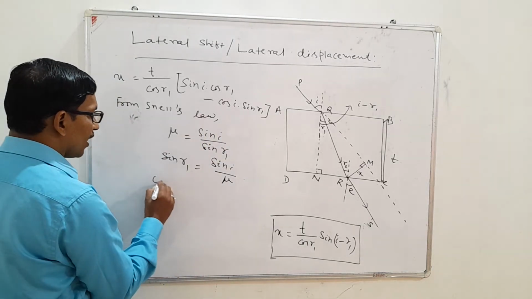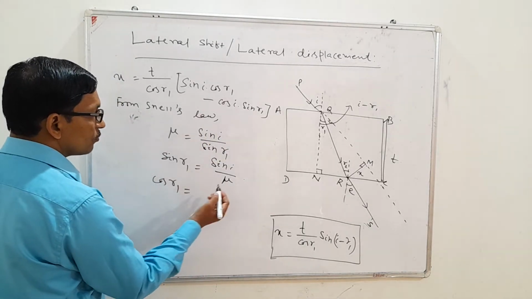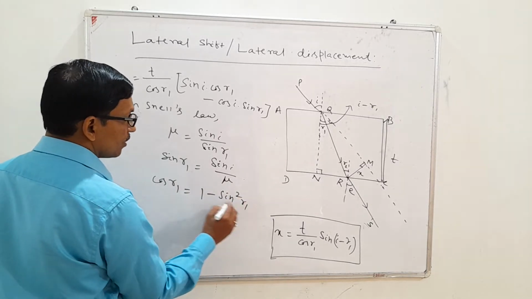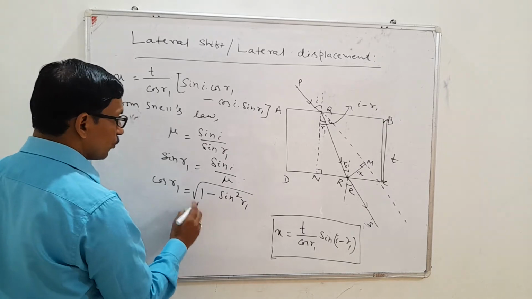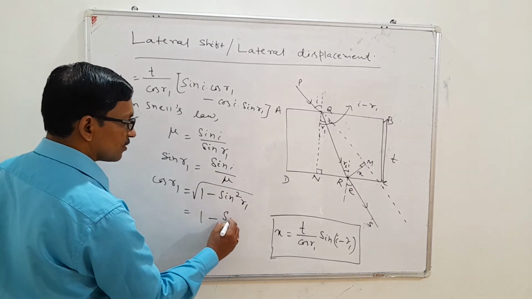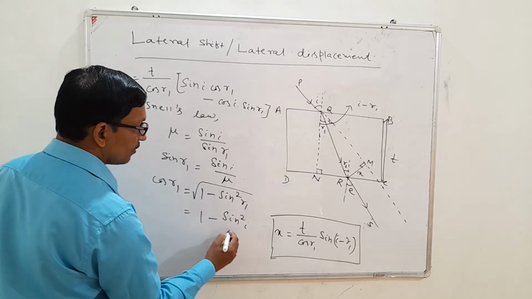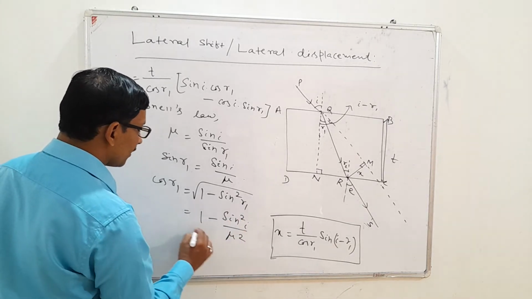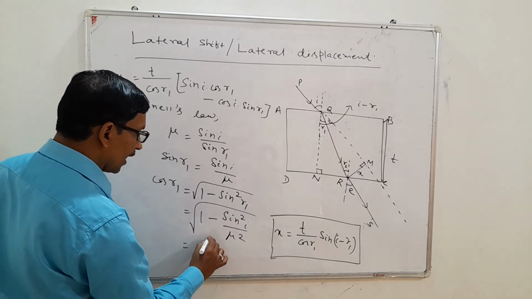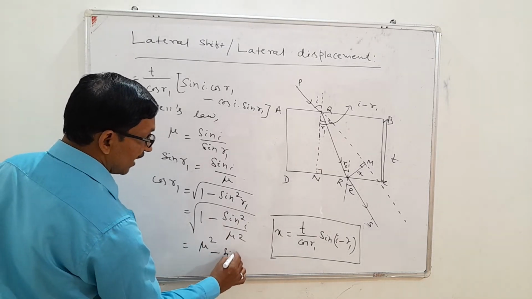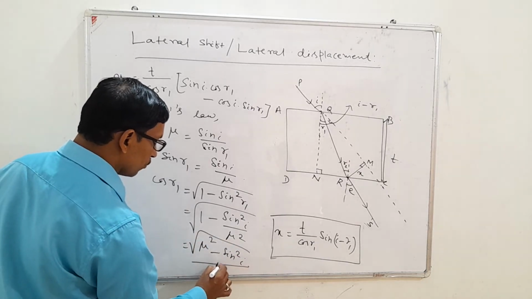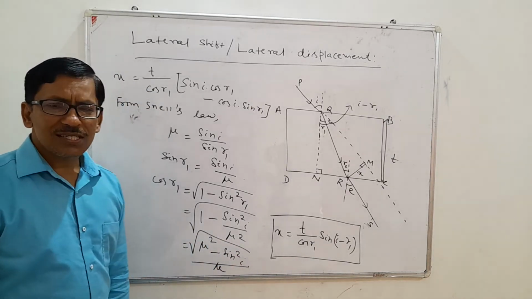Again, cos R1 is equal to the square root of 1 minus sin square R1. Simple trigonometry. So I am putting the values: cos R1 is the square root of 1 minus sin square I by mu square. So that is equal to the square root of (mu square minus sin square I) divided by mu. This is the value of cos R1.